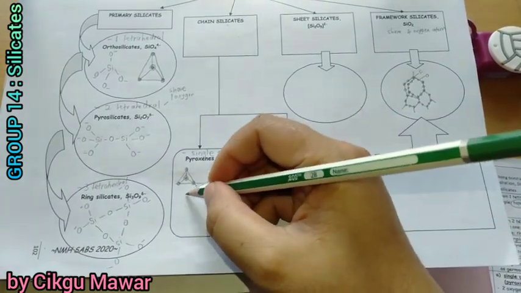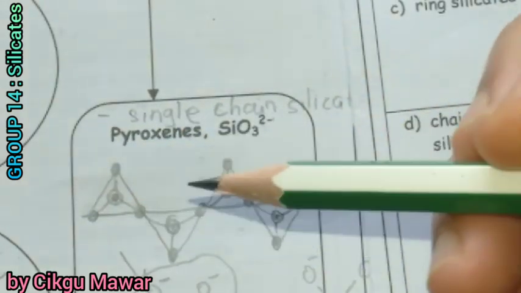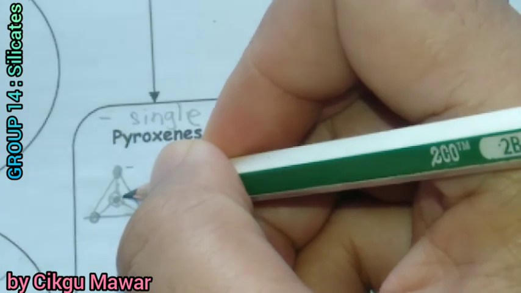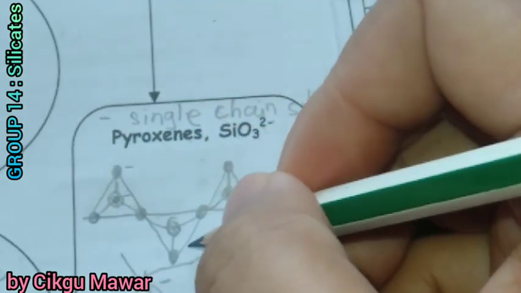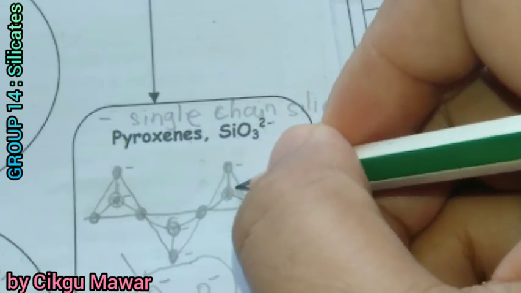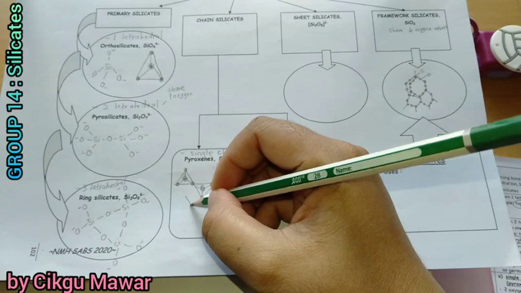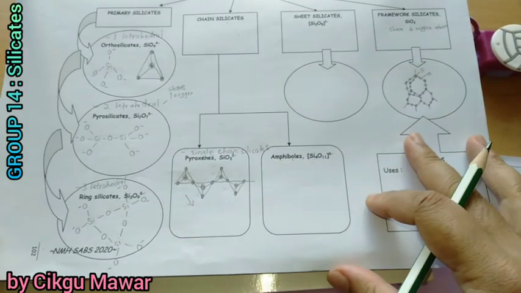Now the charge in pyroxene here: we put 1, and backside 2. So 1, 2, 1, 2, and 1, 2, and so on. We can also draw it in 3D view.